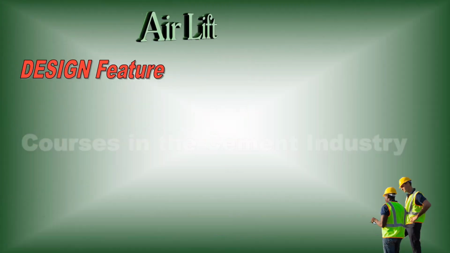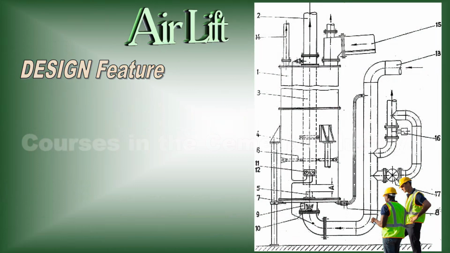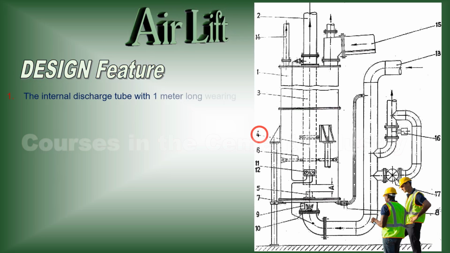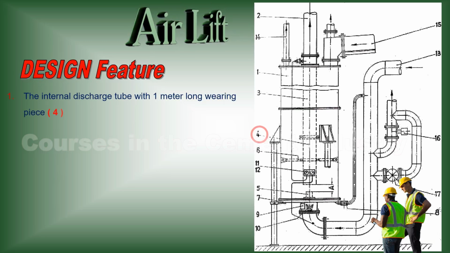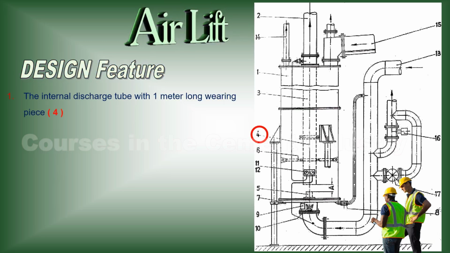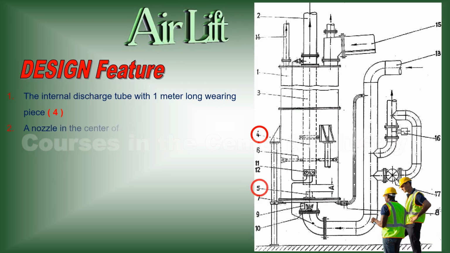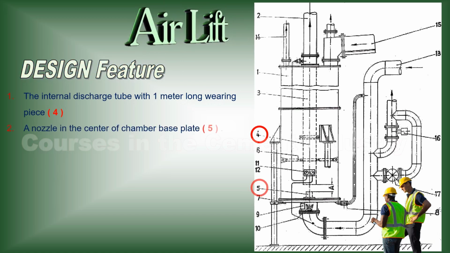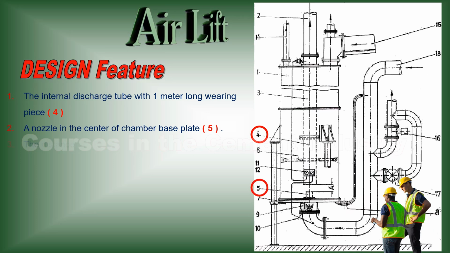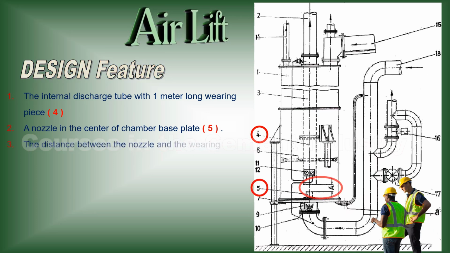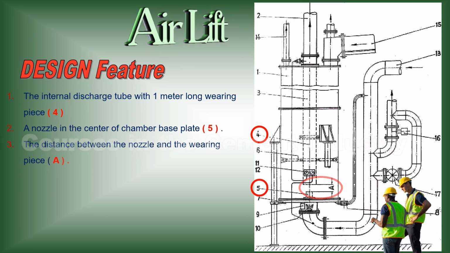Design features for airlift. See in this figure. 1. The internal discharge tube, with 1 meter long wearing piece, number 4. 2. A nozzle in the center of chamber base plate, number 5. 3. The distance between the nozzle and the wearing piece, A. 4.